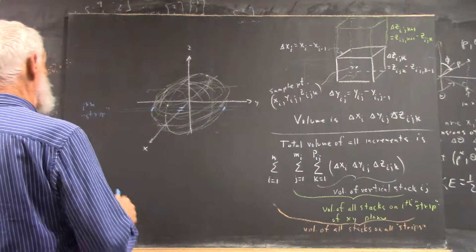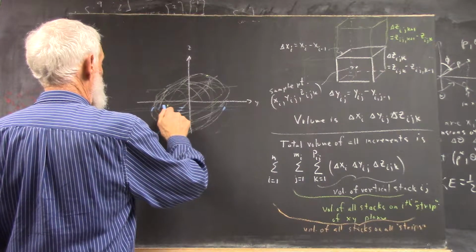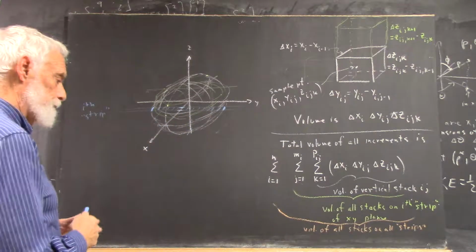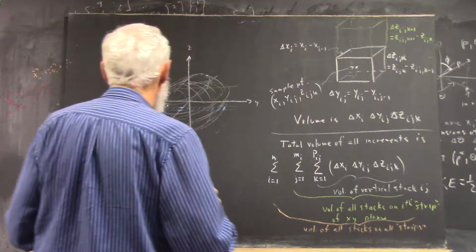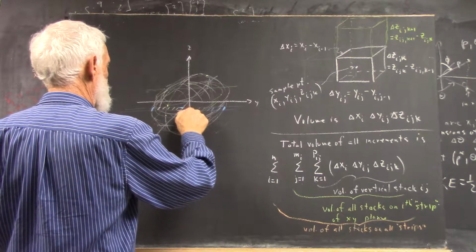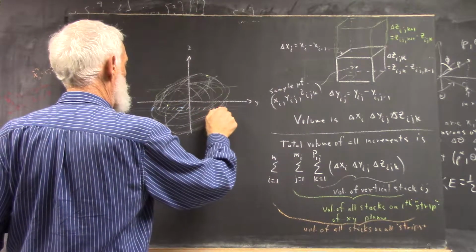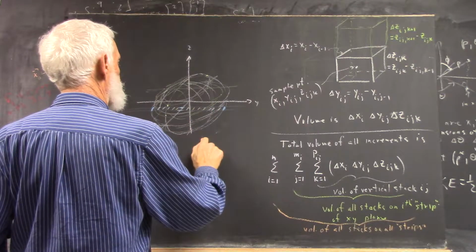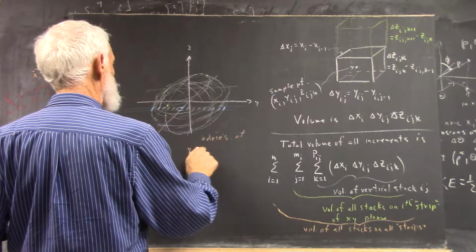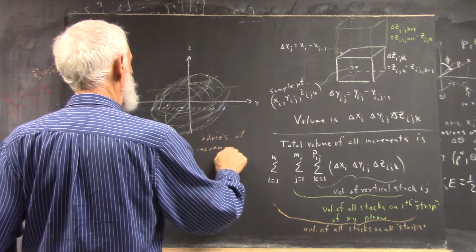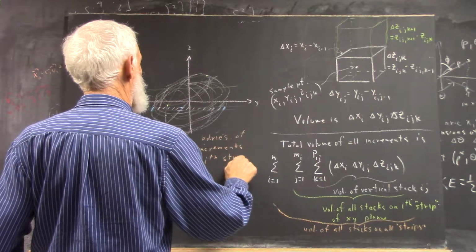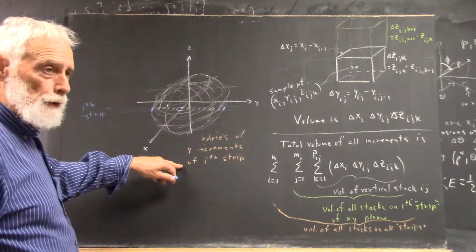Then we partition this strip, and I'll go ahead and actually do that with a slightly different color. So these are the boundaries of the y increments of the ith strip, right?